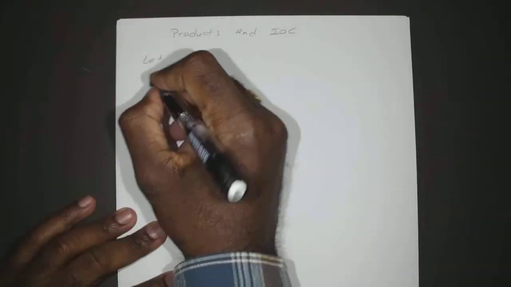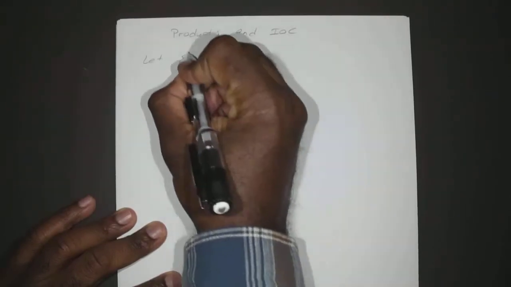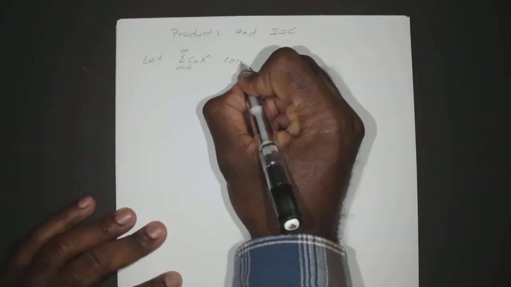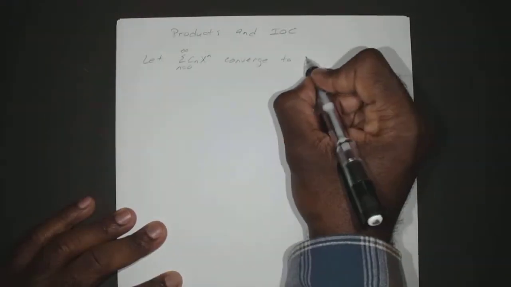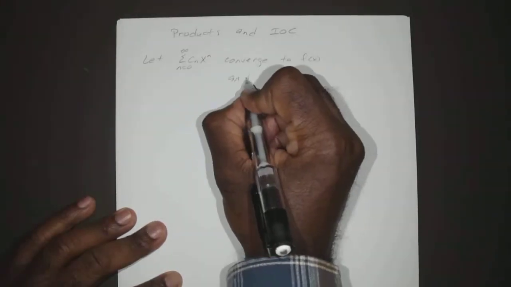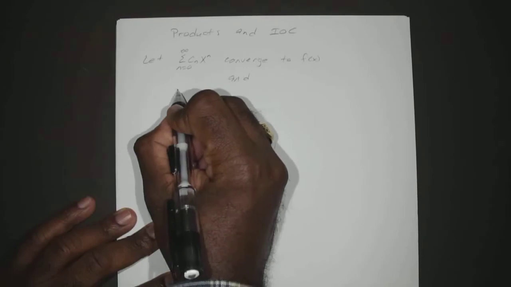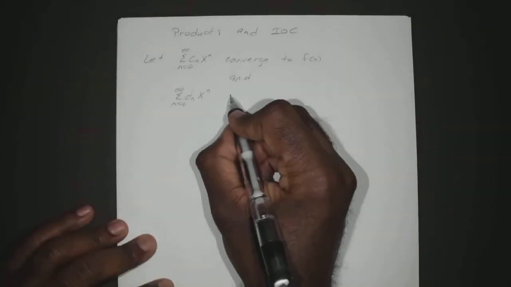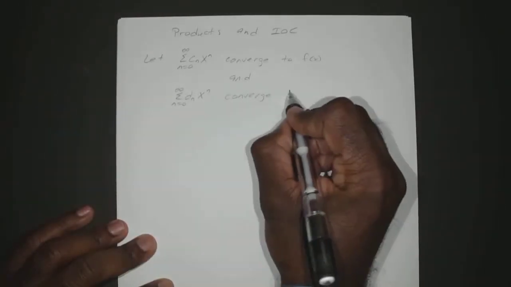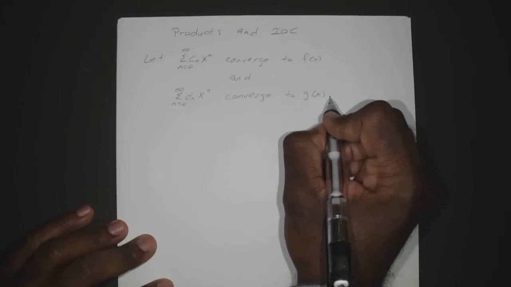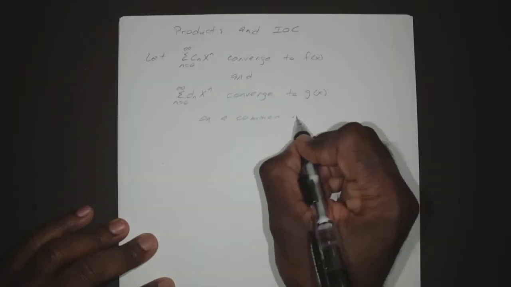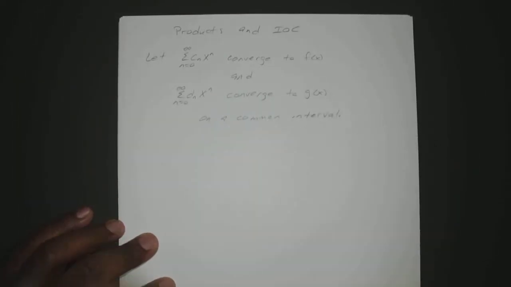Okay, so again, let's say we let the sum from n equals 0 to infinity of c sub n x to the nth power converge to f of x, and the sum from n equals 0 to infinity of d sub n times x to the nth power converge to g of x on a common interval. Okay, so they kind of introduce you to the idea of a common interval.